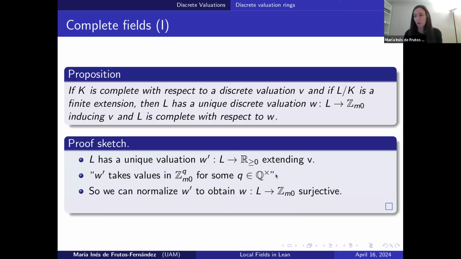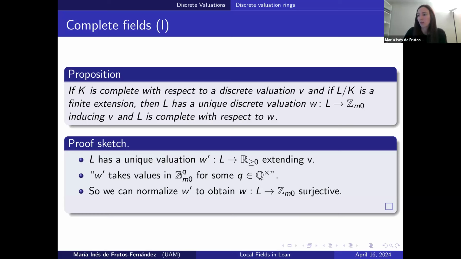So informally, what will happen here is that we actually know that the codomain is not the full non-negative reals. This W' is actually going to take values in some smaller set, which informally you can think of as the Q-th powers of ℤₘ₀ for some rational number Q. However, this ℤₘ₀ to the Q that I'm writing here is not a type that makes sense, right?